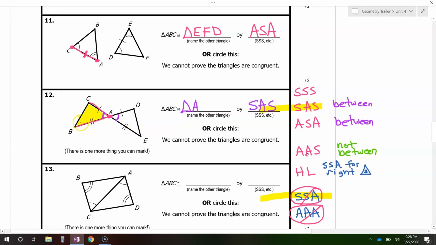That means that angle B corresponds with angle E. They're both across from the single mark. Okay, so B and E match. That gives me AE, and D is the only one left.